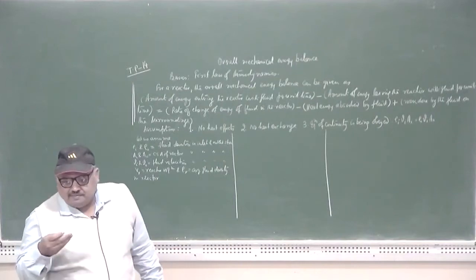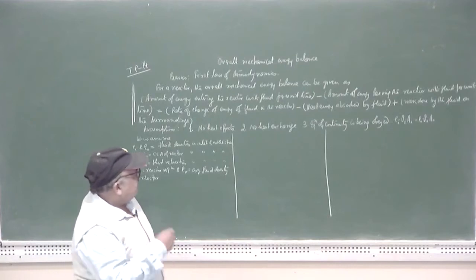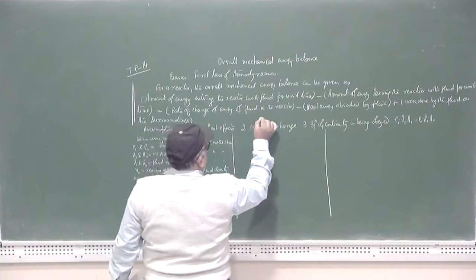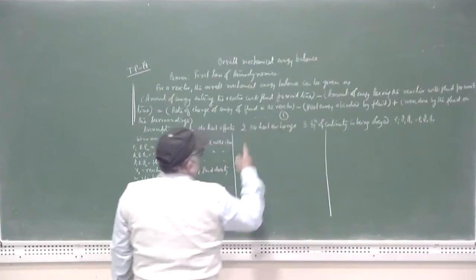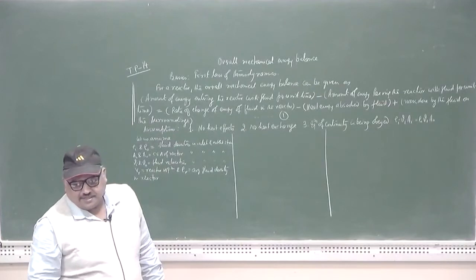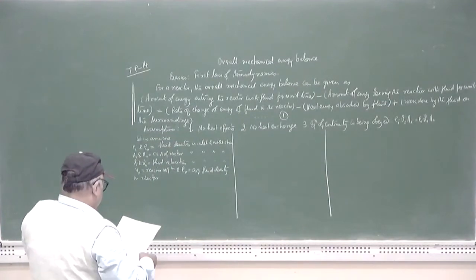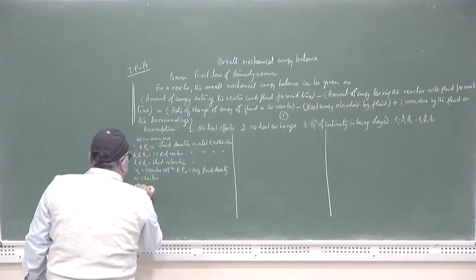When we are making these notations, on the basis of this notation, once we apply these notations in their different forms in equation number 1, you will get the expression for the overall mechanical energy balance. So, come to the formalism.